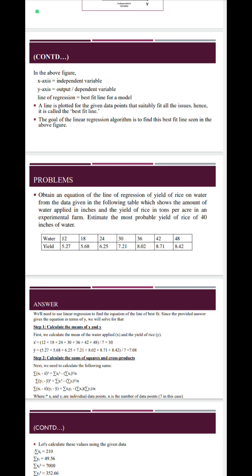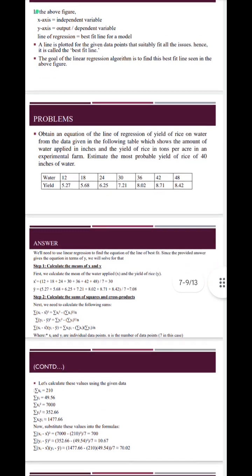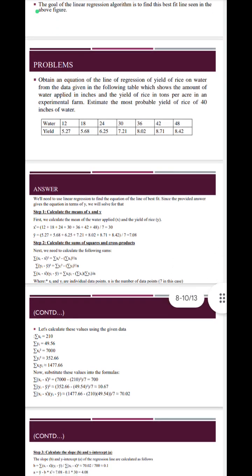Estimate the most probable yield of rice for 14 inches of water. Here, this is a table which gives the water and yield data. Now we have to obtain an equation for the line of regression.